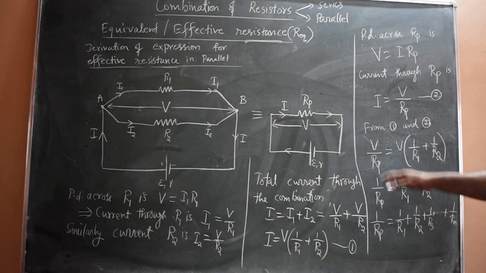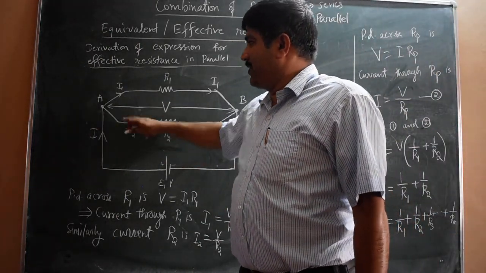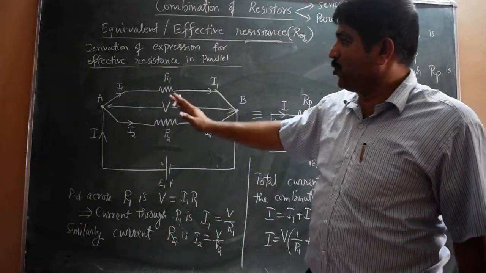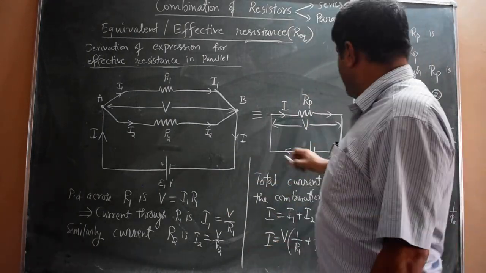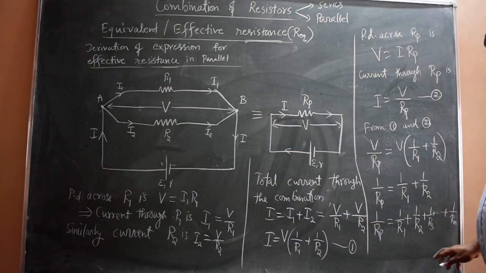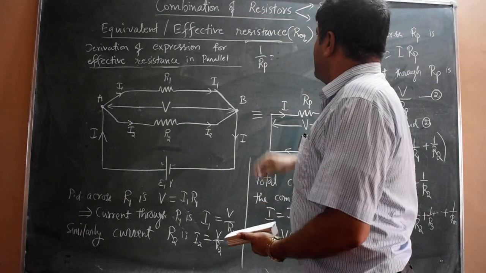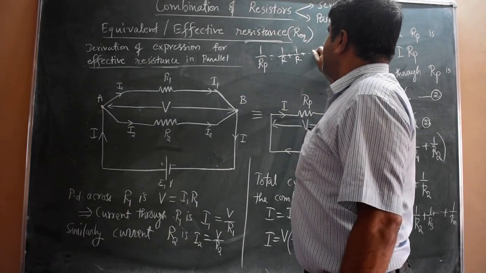Remember, in a parallel combination the current is divided into branches. The main current is divided into branches. Total current is the sum of the currents. In series combination we studied that total potential difference is the sum of the potential differences. If n identical resistors are joined in parallel, then 1 by Rp equal to 1 by R, 1 by R, etc., n times.